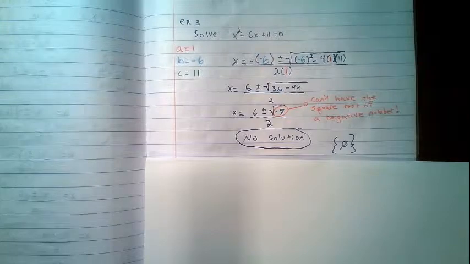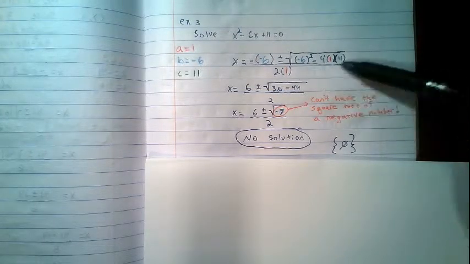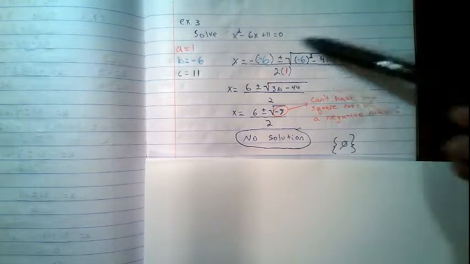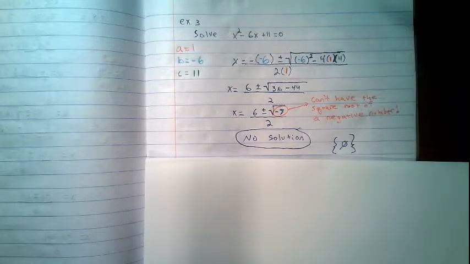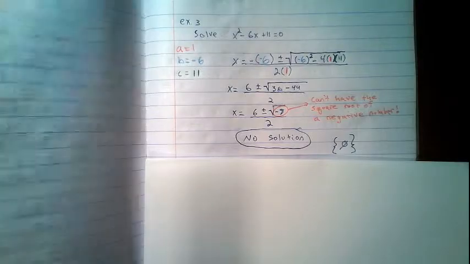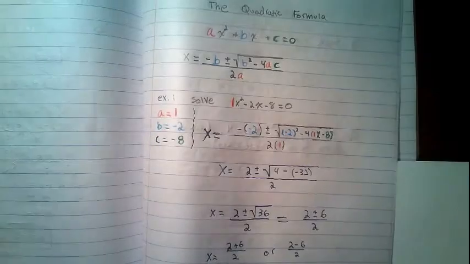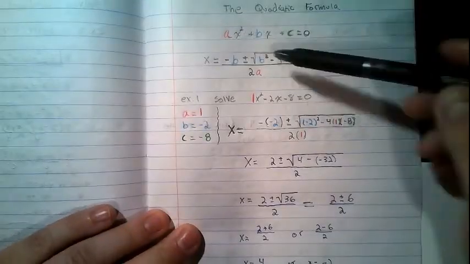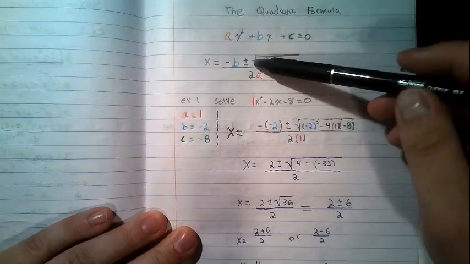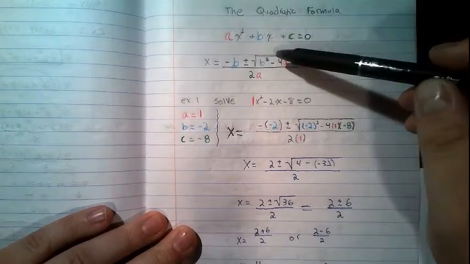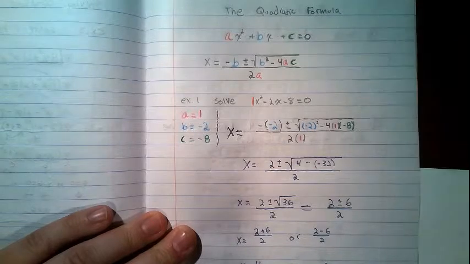So this part of the quadratic formula right here tells us a lot about the kind of solutions that we're going to get. And let's take a look back at the generic quadratic formula. x equals negative b plus or minus the square root of b squared minus 4 times a times c.